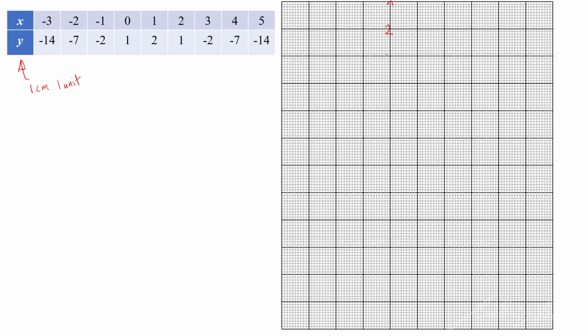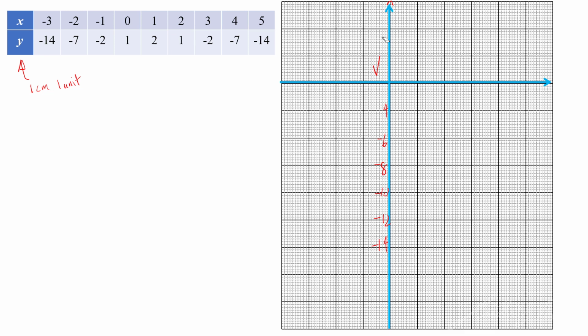Then you have your 0, -2, -4, -6, -8, -10, -12, -14. So because -14 is here, we still can move down 1 or 2 spaces. So the 0 will go down. Alright? So this will be the curve that I will draw.